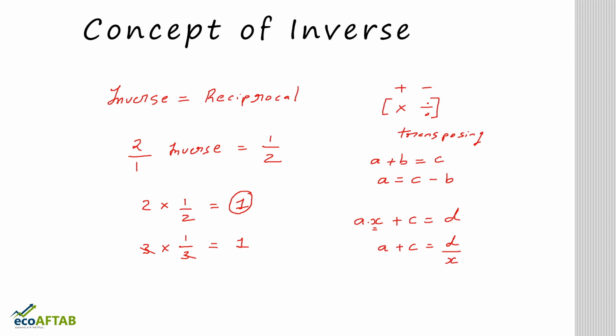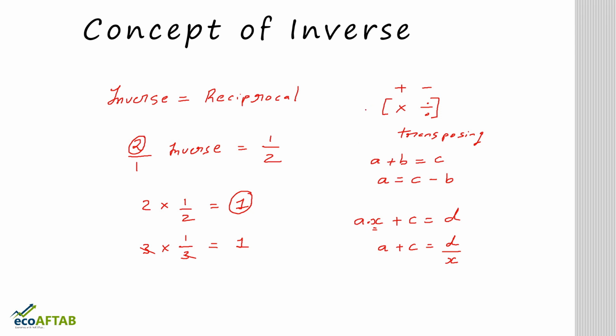So here the multiplication has changed in the transposition and has become division. So these are the two important things that I had to tell. One is that when you multiply the number with its inverse, you get unity, and second is that in transposition the signs change.